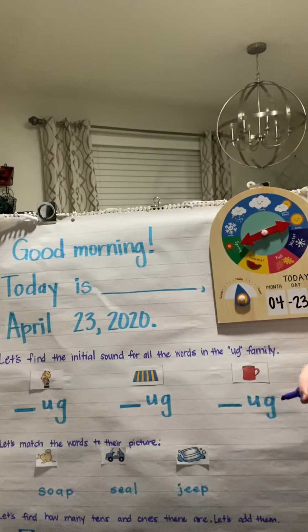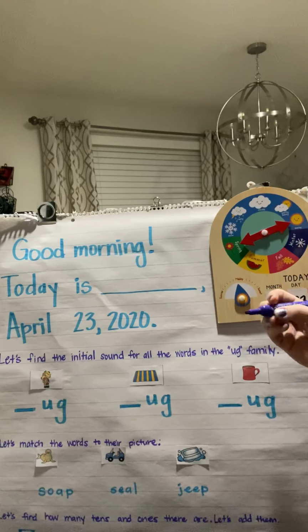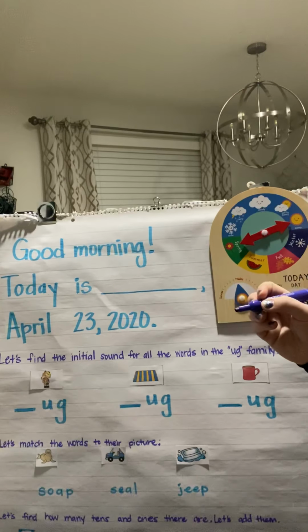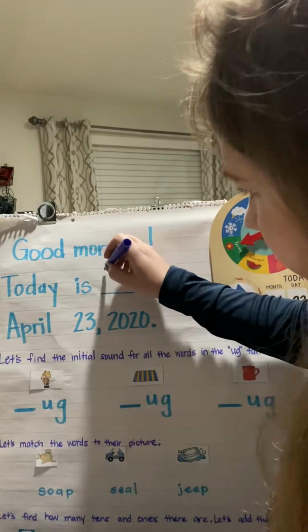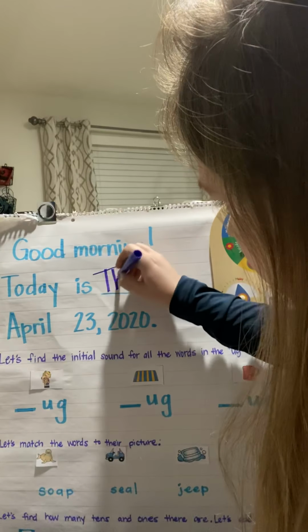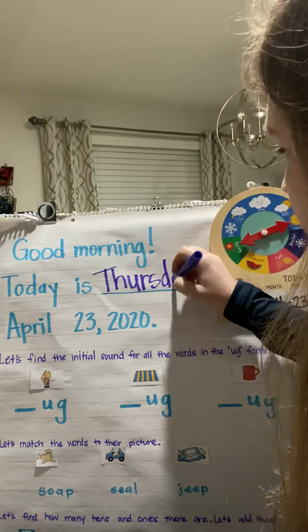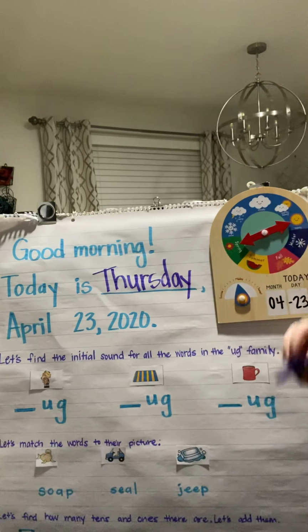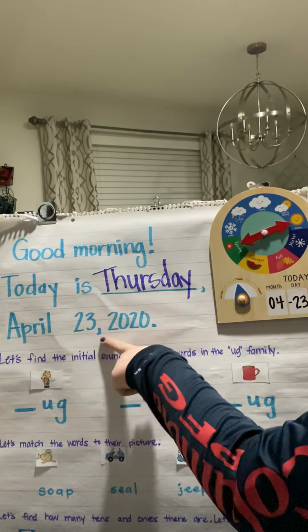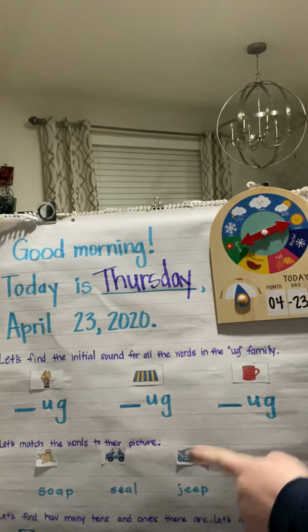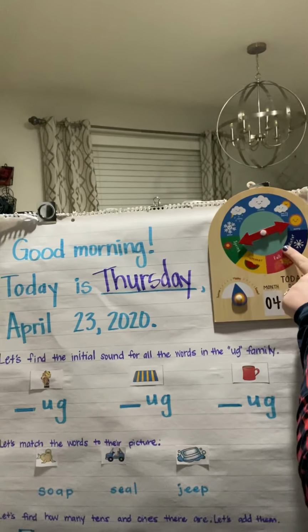So Sunday, Monday, Tuesday, Wednesday, Thursday, right? With a capital T, because it is a specific name of a day. Thursday, April 23rd, 2020.